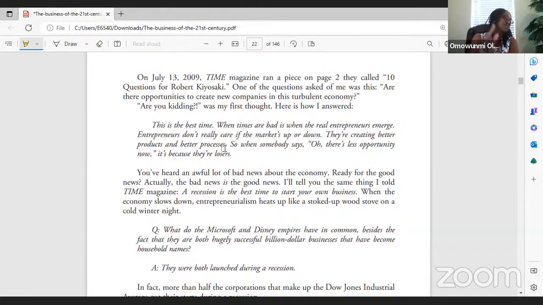Let me tell you the reason why. When we applied for that SBA loan, we had two businesses. One of them was very young, less than a year. The other was older, we've had that for 7 years. It was the one that was older that got the loan.